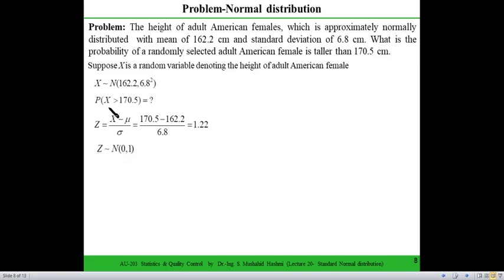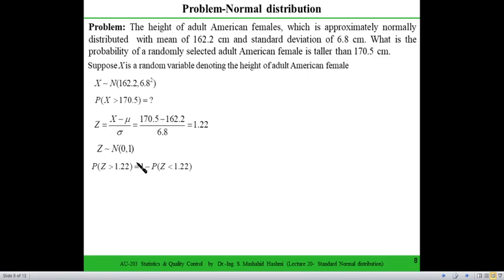So what we have done is transform the x variable into the z variable, which is a standard normal random variable, a normal distribution with mean value 0 and standard deviation 1. So I need to calculate the probability of z greater than 1.22, because 1.22 corresponds to 170.5.